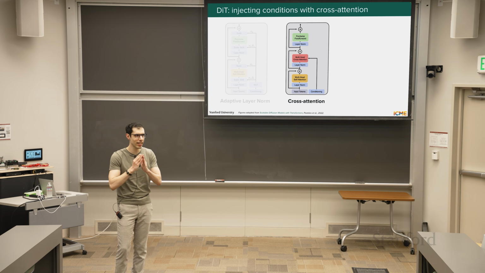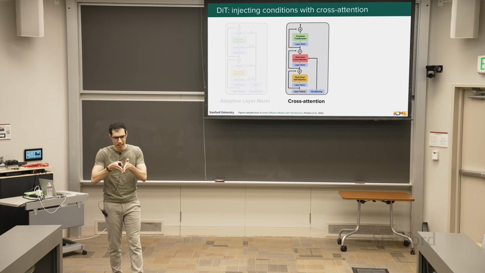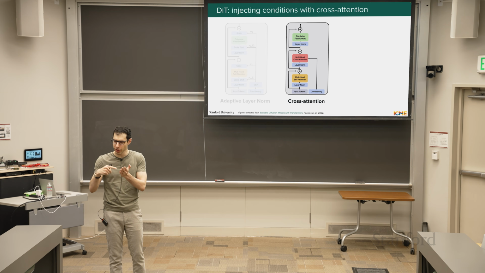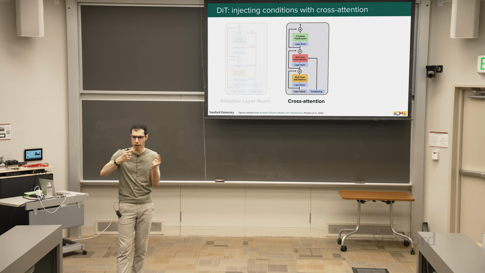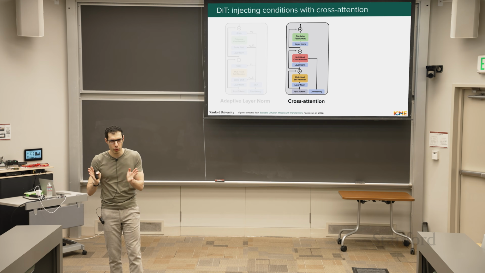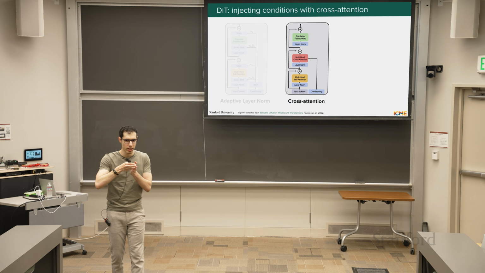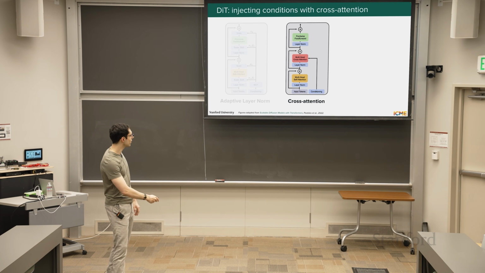Here you can think of it as you have queries, which are your noise latents, and you're wondering which ones of your conditions are relevant for your noise patch. Then you do query times key, the dot product of those, and then you multiply by value. So you express your noise latents as a function of your conditions. This can be a second option.